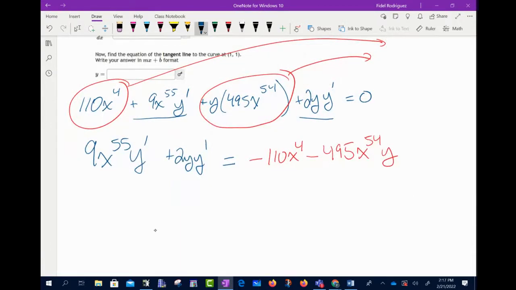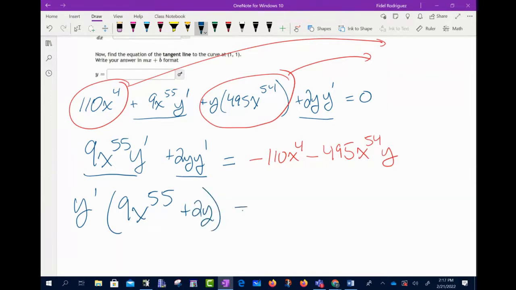All right, and then on the left side, do y'all agree that we can factor a y prime out of both those two pieces? So we should have a y prime or dy dx, whatever notation you're using, times the 9x to the 55th plus a 2y equals that negative 110x to the 4th minus 495x to the 54th and a y.